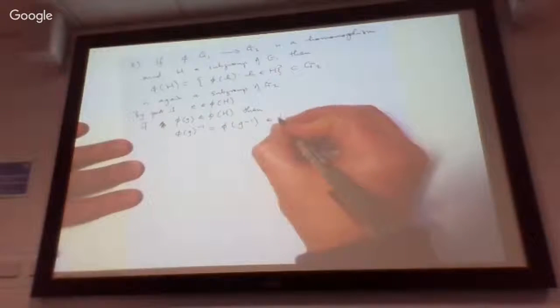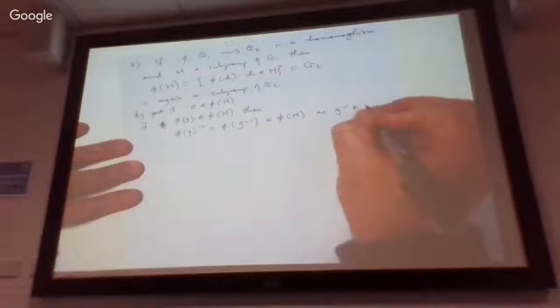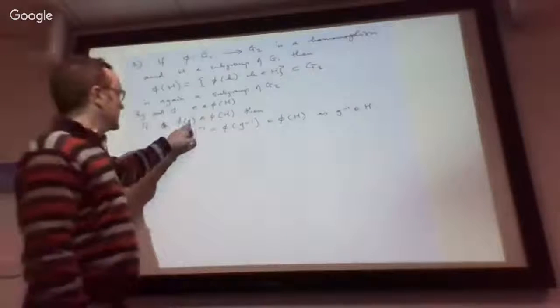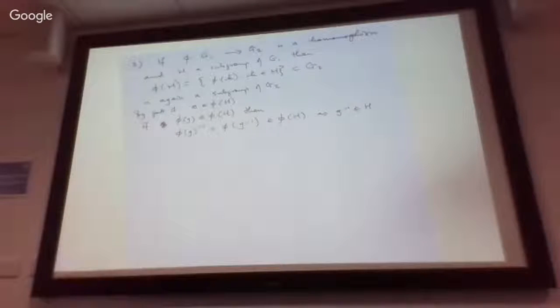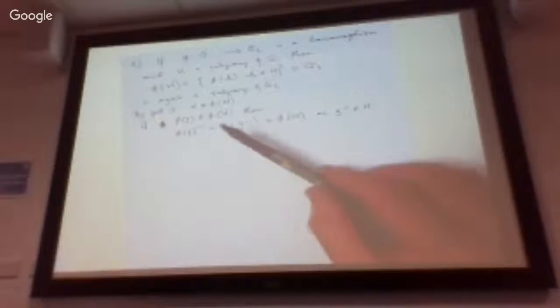This is also an element of phi of H, as g inverse is an element of H. Why is g inverse an element of H? Because H is a subgroup. g started off in H because phi of g is in phi of H, then g inverse has to be in H, so that means the inverse of phi of g also is in phi of H. So phi of H is a subset which contains the identity, contains inverses.